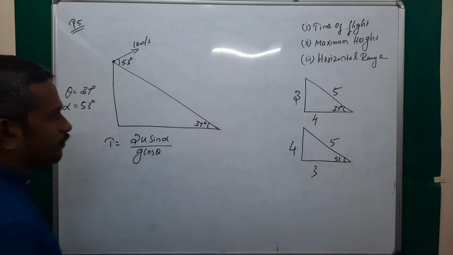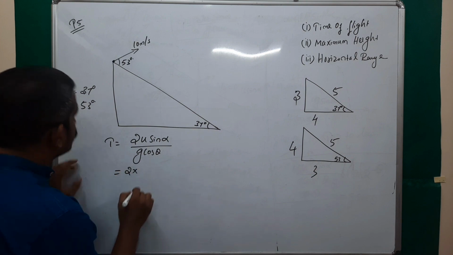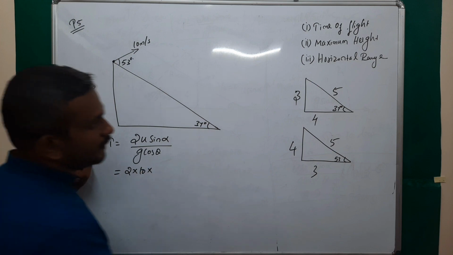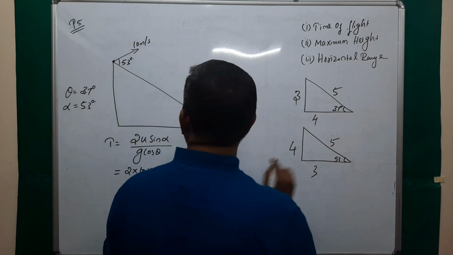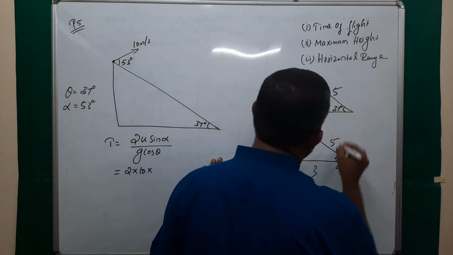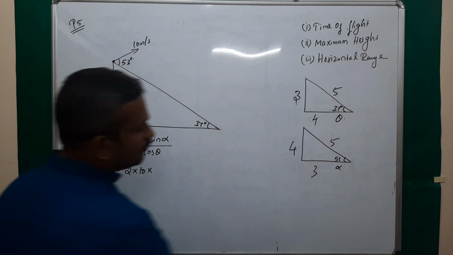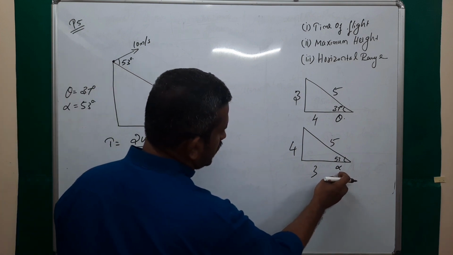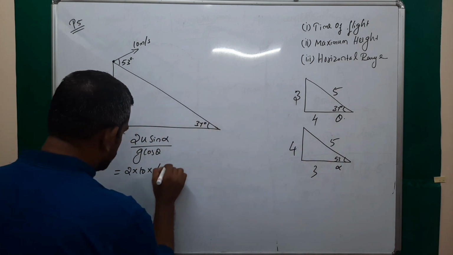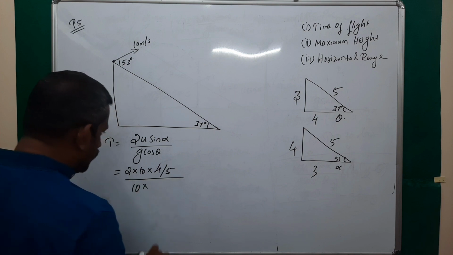So that's equal to 2 into, what is u? That is 10 into sin alpha. Sin alpha means opposite side by hypotenuse, that is 4 by 5, divided by g, that is 10, into cos theta.